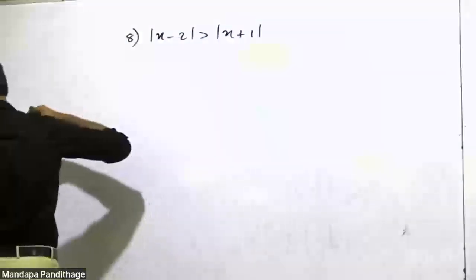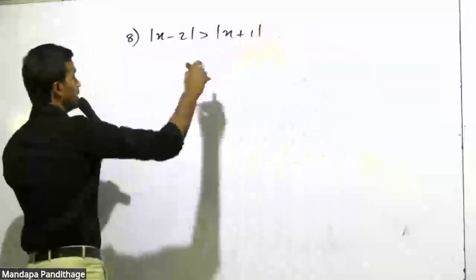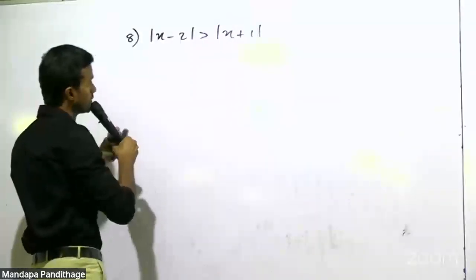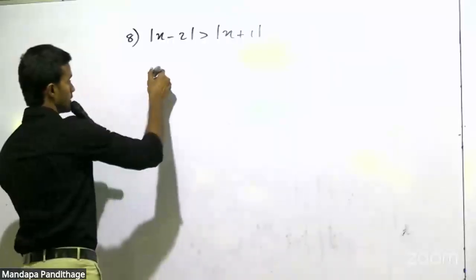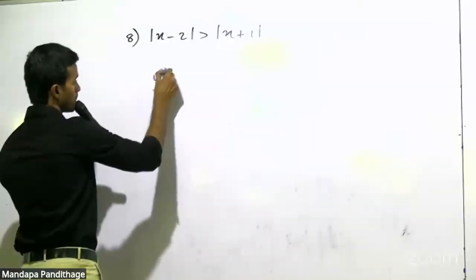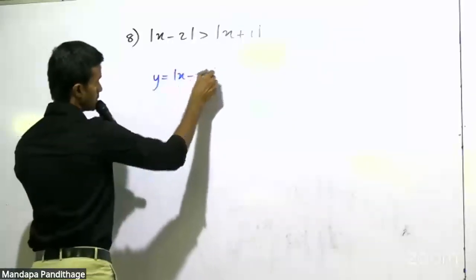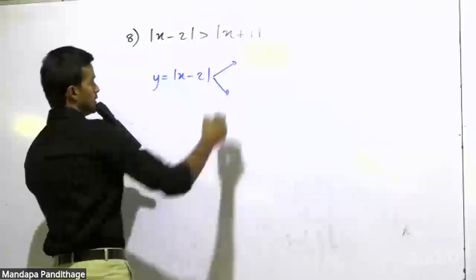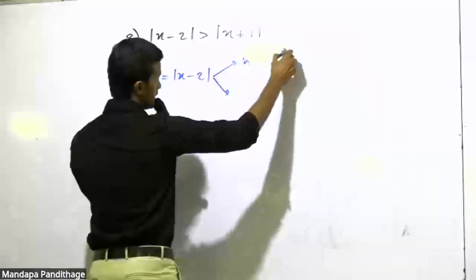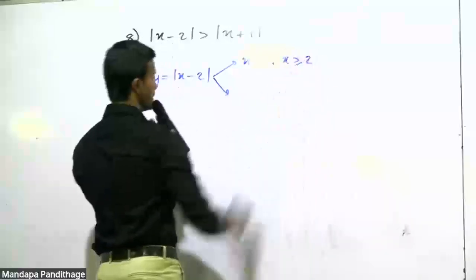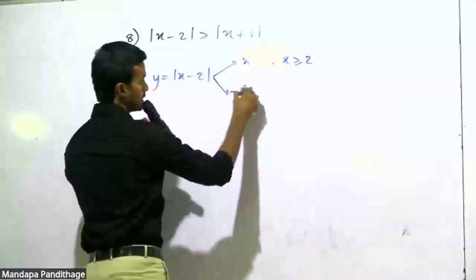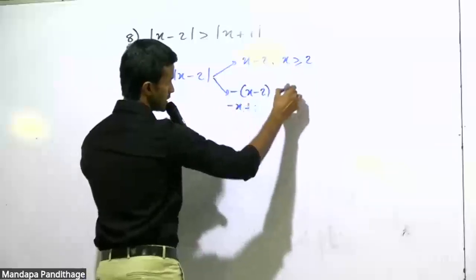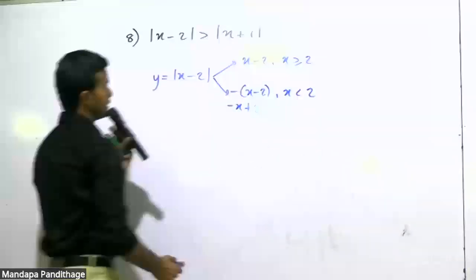I want you to use the previous graph that we have taken, so only write the definition of y equals modulus of x minus 2. That is x minus 2 when x is greater than or equal to 2, and you get the minus, so it's minus x plus 2 when x is less than 2.